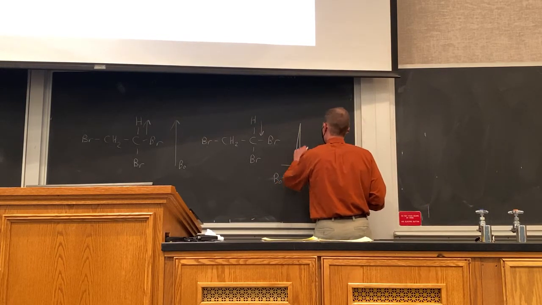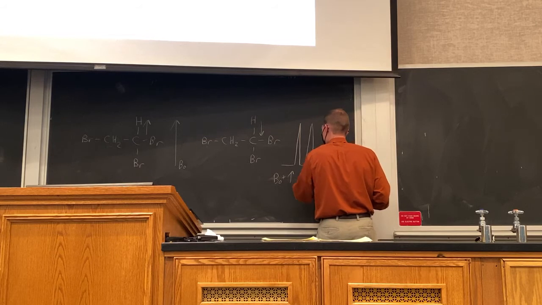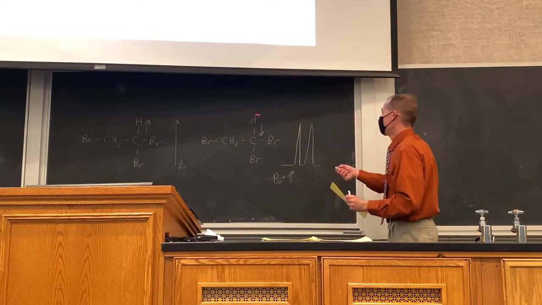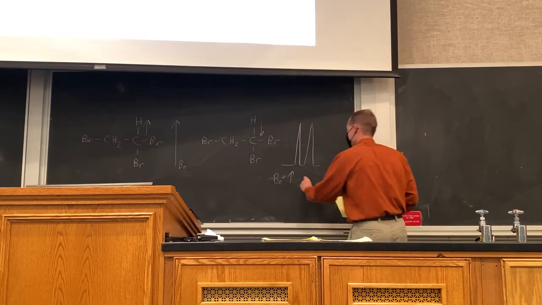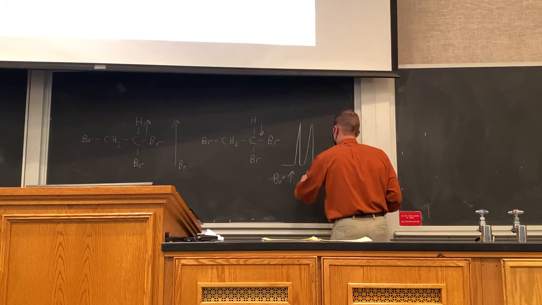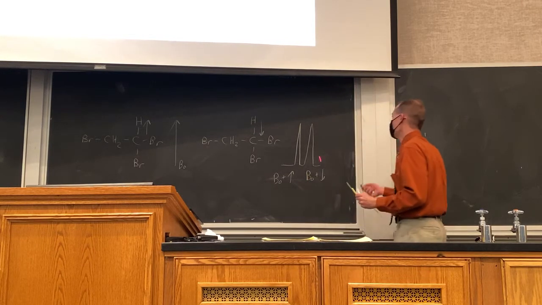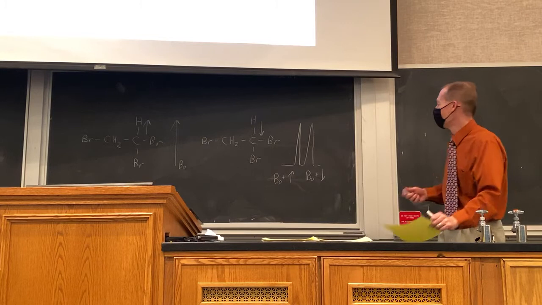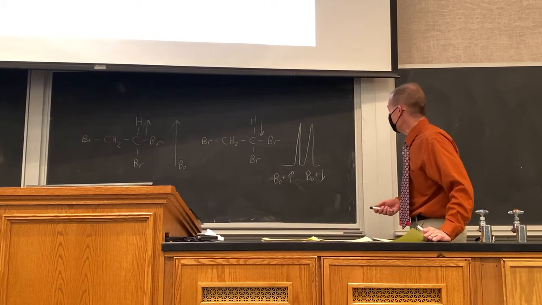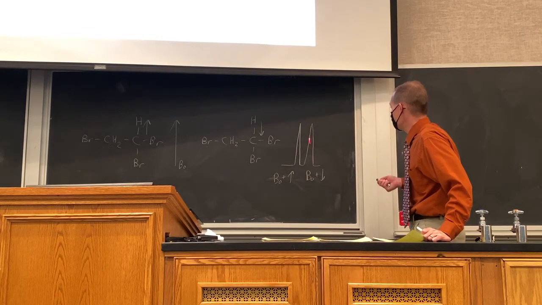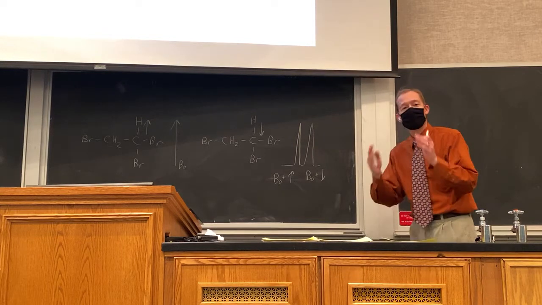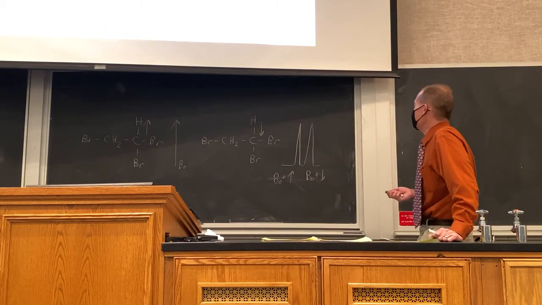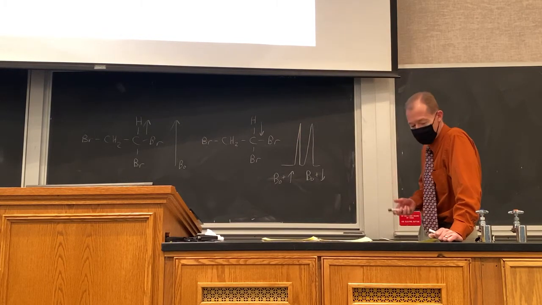And then we're going to have a set of molecules that will have that nucleus opposing the applied magnetic field, and they will show up at a lower chemical shift value, or upfield. I didn't do a great job of drawing these. This one is fatter than that one. They should be the same width and the same height.